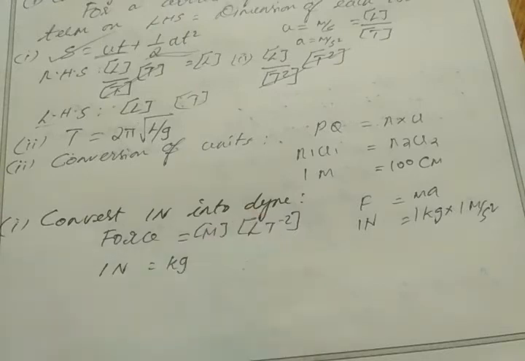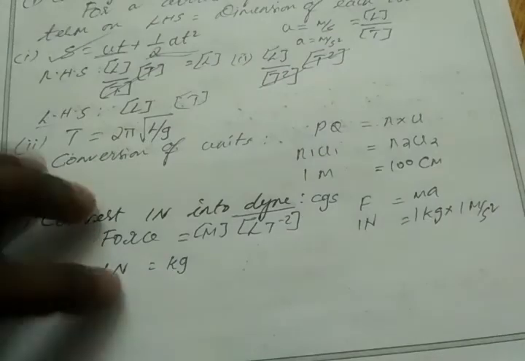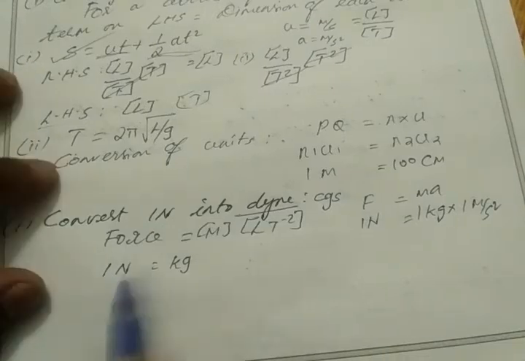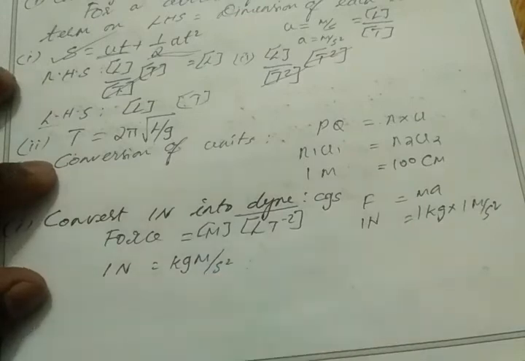So dyne is the unit of CGS. It has centimeter, gram and second. Correct?